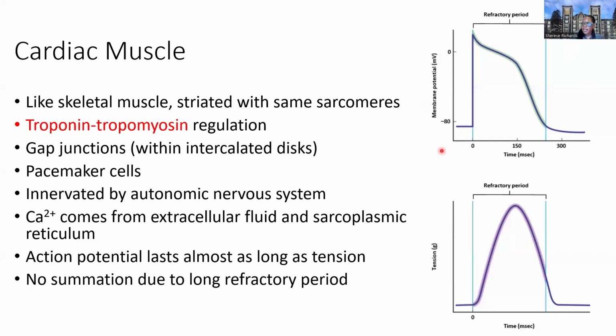So here is the membrane potential, and here is the upstroke of the membrane potential, and then notice how long the refractory period is. So the refractory period lasts the entire duration of the repolarization period, such that when one contraction ends, within that period, it's impossible to stimulate the muscle again to result in a subsequent contraction. So it is impossible to have summation because the contractions are just much longer.